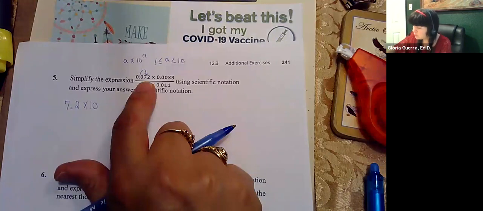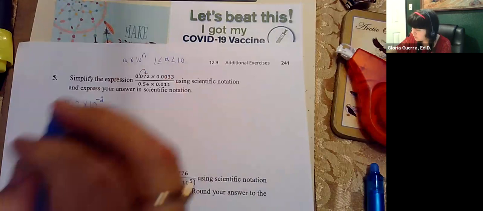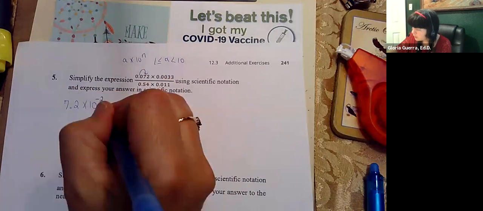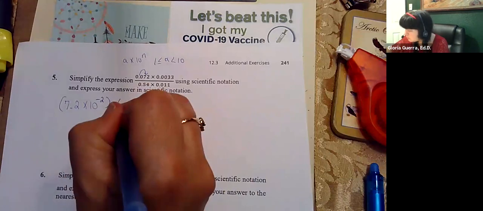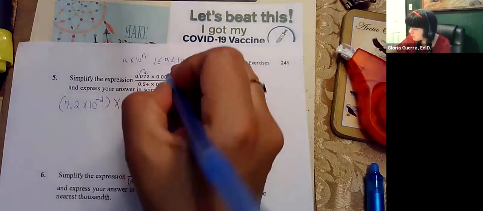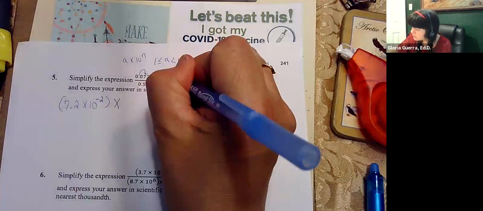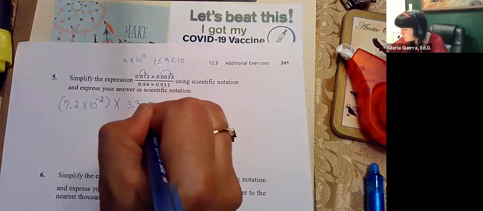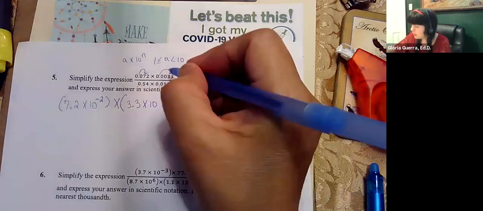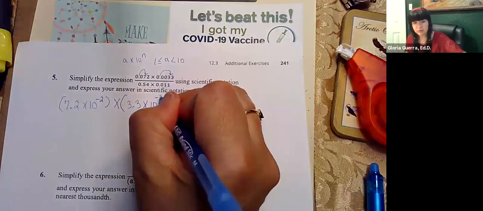So you need -2, okay? And then that's going to be that parenthesis times, then this is going to get moved after that 3.3 times 10, and that moved 1, 2, 3, and that has to be a -3 because you want smallness.